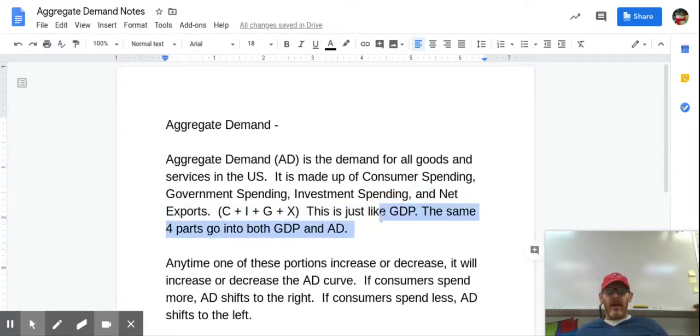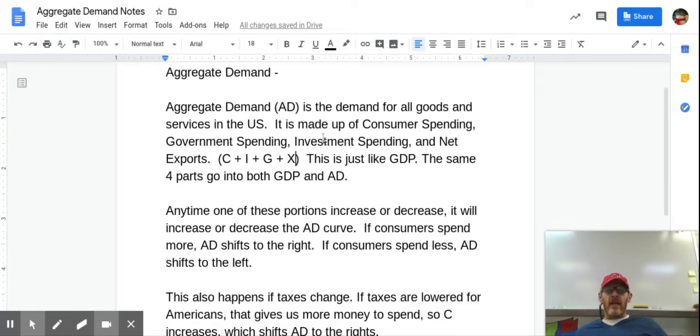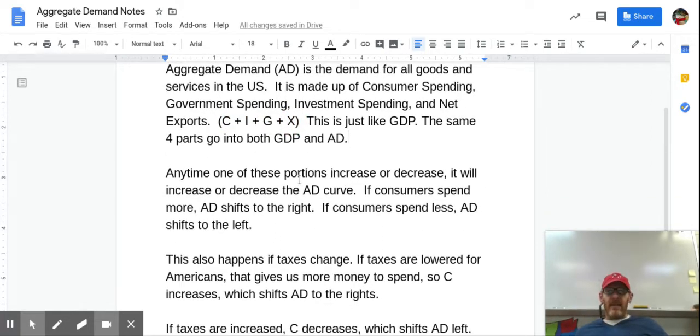So what goes into aggregate demand is C plus I plus G plus X. Okay, and like in demand, we can shift the demand curve when we had different changes in income and stuff. Well, just like in that, we would change the AD curve, the aggregate demand curve, when one of these four things change, C, I, G, or X. So, and I'll graph it here in a second, but anytime one of these portions increases or decreases, it will increase or decrease the AD curve.